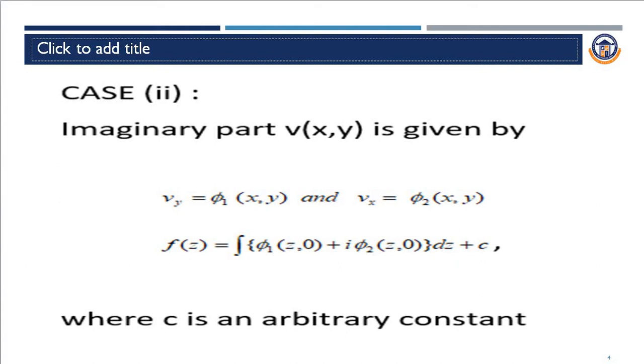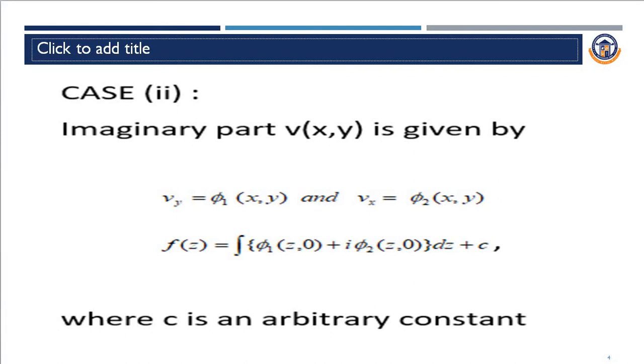Another one, vx, is also differentiating v partially with respect to x. Then you get dou v by dou x, which you can shortly write as vx. Next, let us take vy as phi 1 of x comma y and vx as phi 2 of x comma y. Now see the analytic function formula.